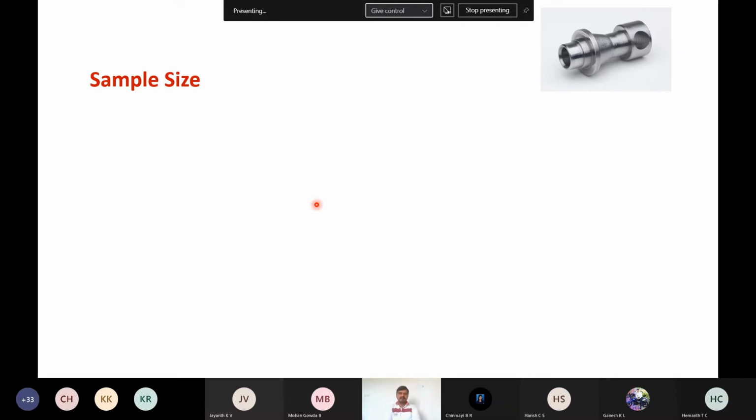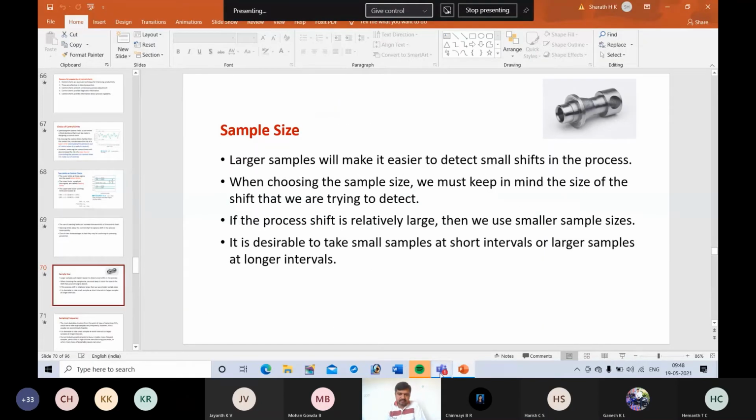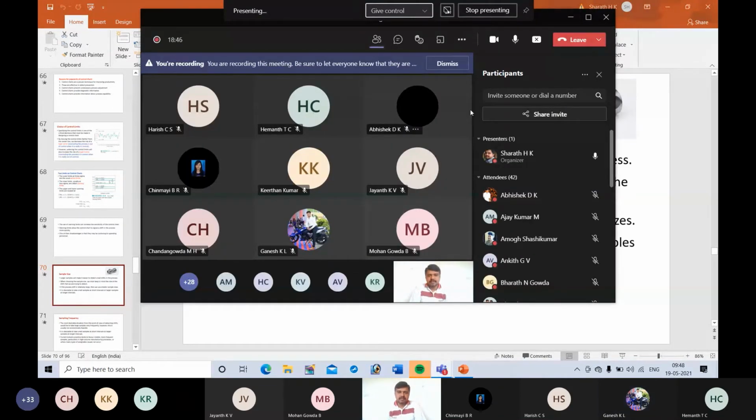Next, sample size. It is very important in inspection. Whenever you are inspecting, you have to make a decision regarding sample size. Suppose you are manufacturing 100 units of a product and choosing 10 or 20 for inspection.